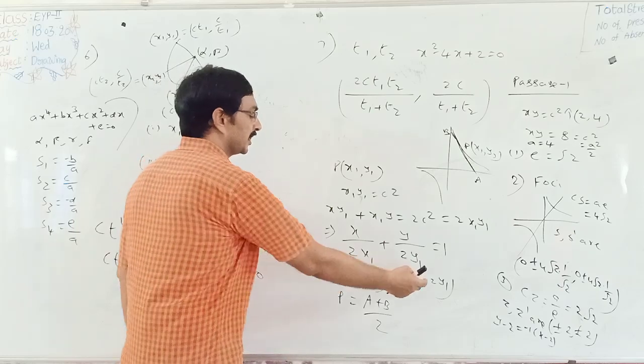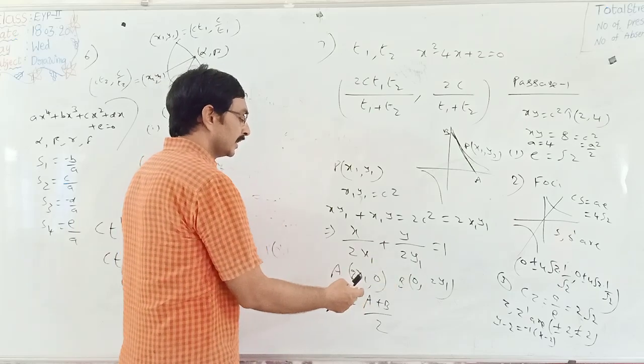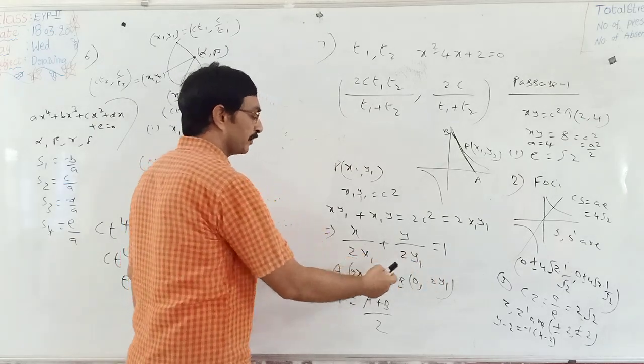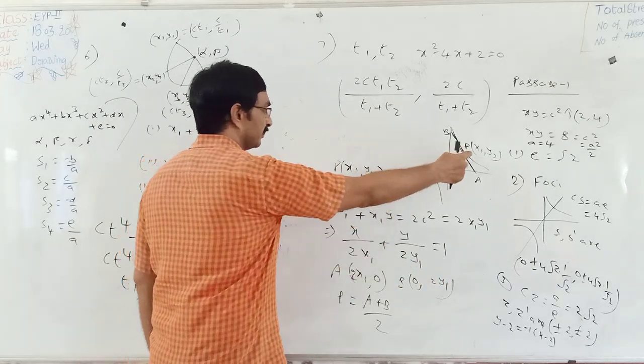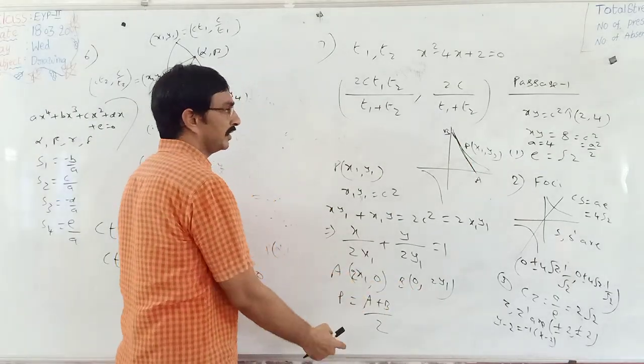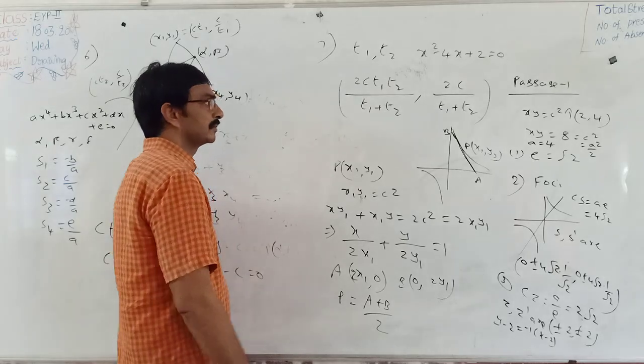See, clearly the midpoint of these two is ((2x1 plus 0) by 2, (0 plus 2y1) by 2), which is (x1, y1), that is P. So clearly P is the midpoint of AB, that means (A plus B) by 2.